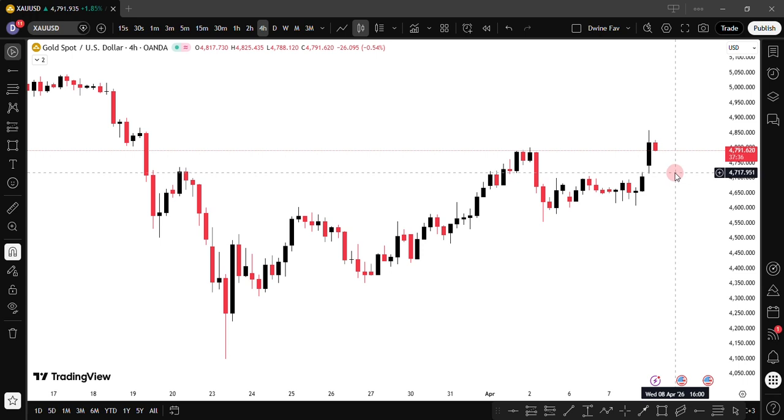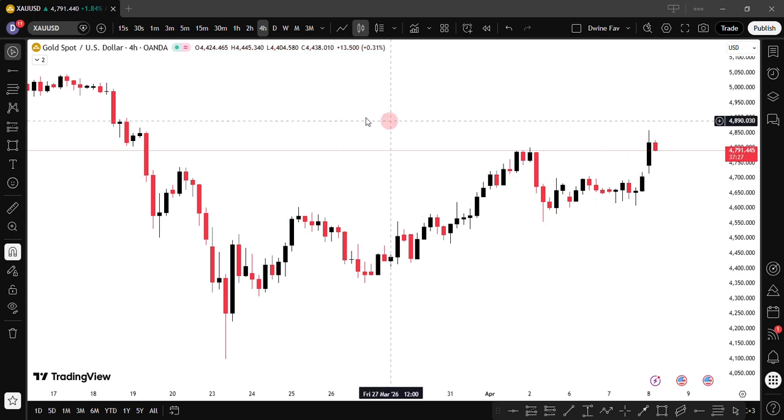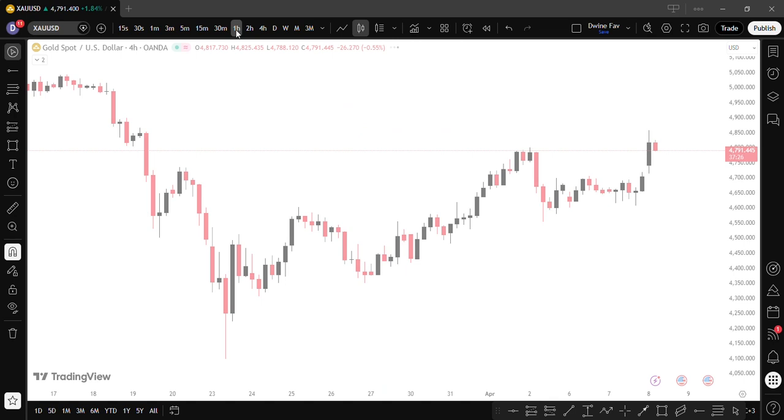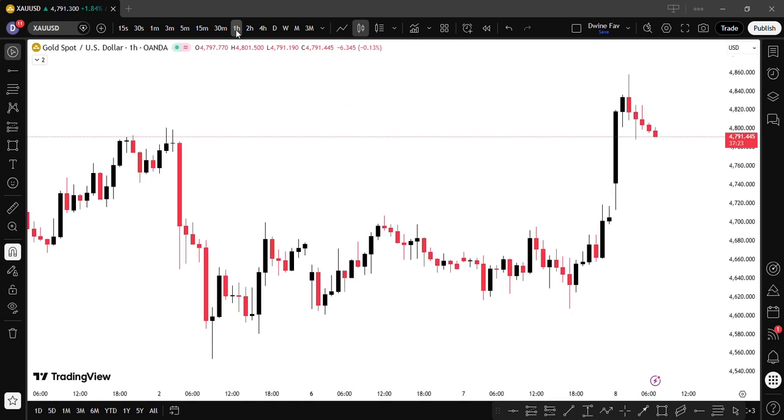But there's something interesting here. These weeks did touch each other, so that means that is probably filled. Where the fair value gaps, yes, this gap is filled. So the fair value gap, I'd expect to see it touch this region 4706 before it goes up.